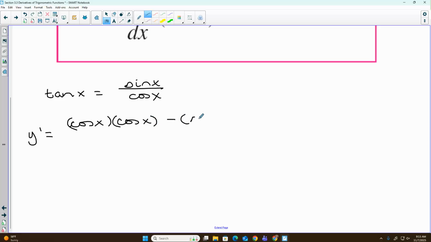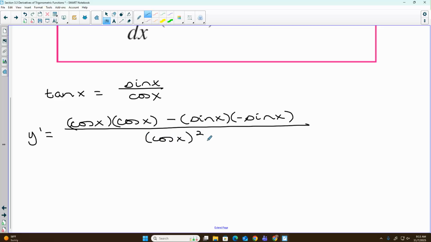Minus high d low, what's the derivative of cosine? Over low squared. So if we do that, we get cosine squared minus negative, so plus sine squared, over cosine squared.